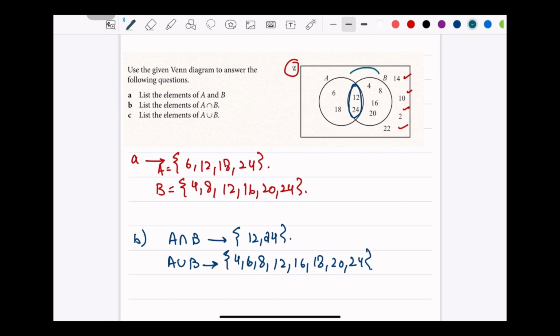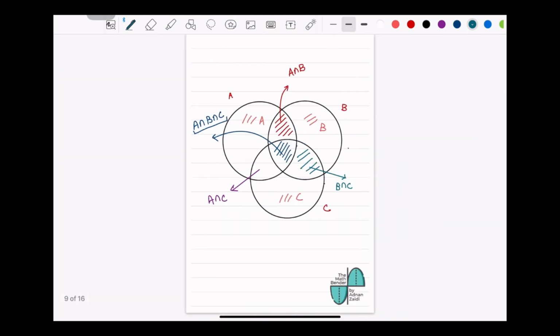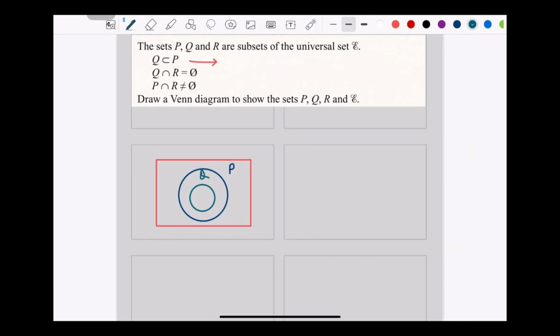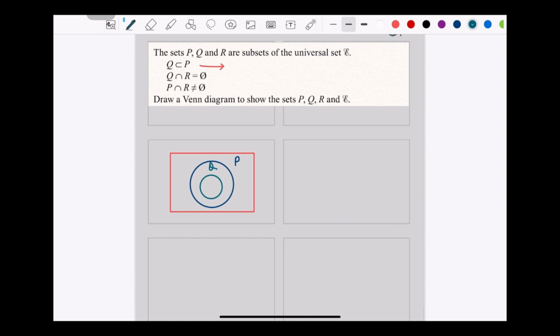Some elements of B were a part of A, hence there was an intersection, but not all the elements. But if all of the set is a part of another set, then it is completely inside that set, because that's a subset. So I'll write this one as Q is a subset of P.